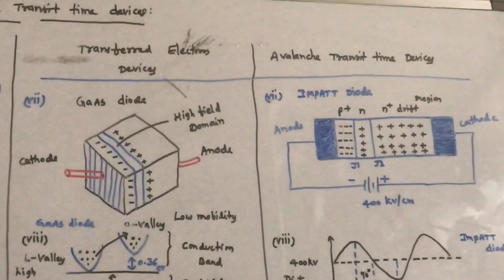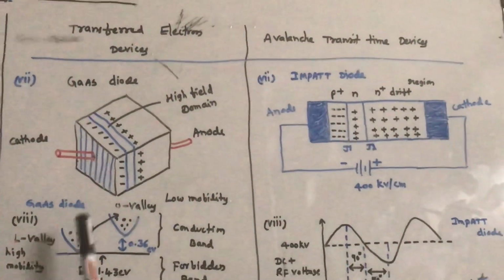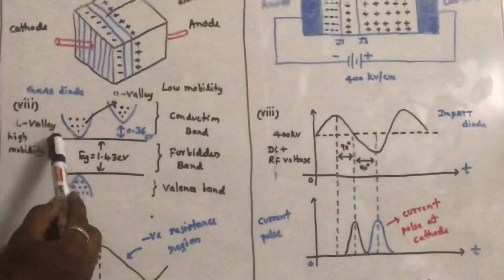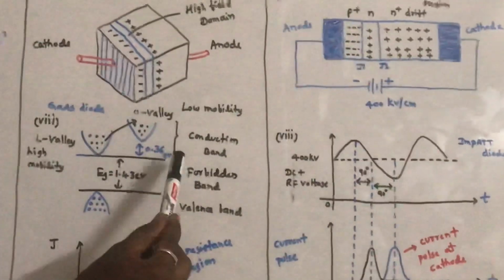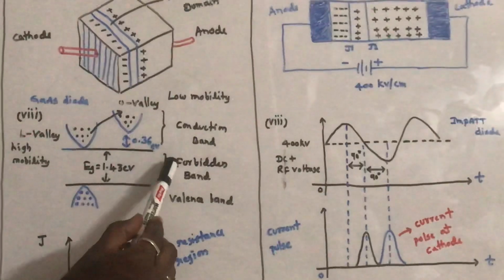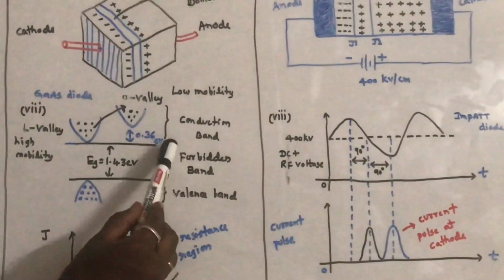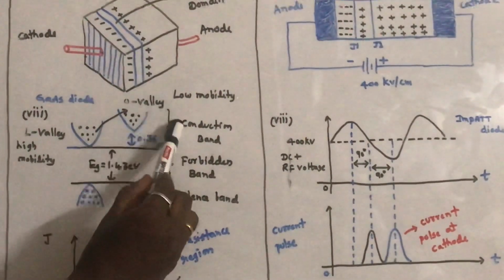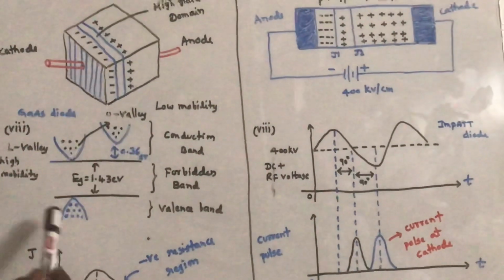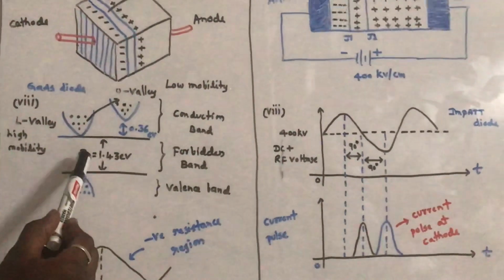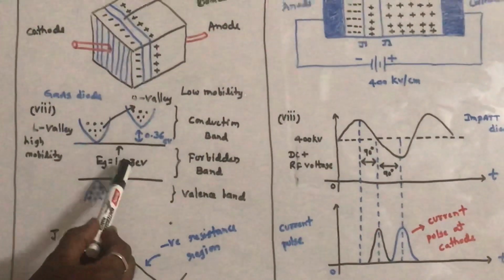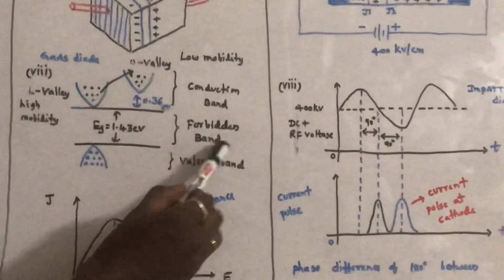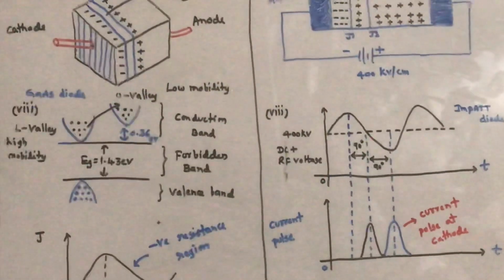Let us see some of the structural differences. As explained in transferred electron devices, this is the valence band, this is the forbidden band, and this is the conduction band, where these values are very important. Eg is equal to 1.43 electron volts for the forbidden band, so no energy levels are allowed in this band.